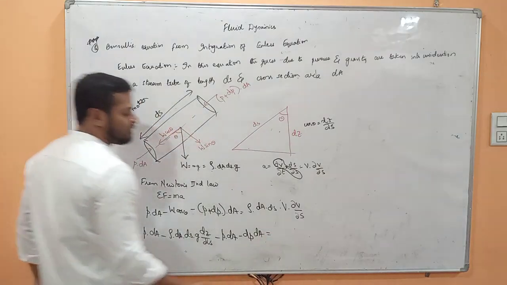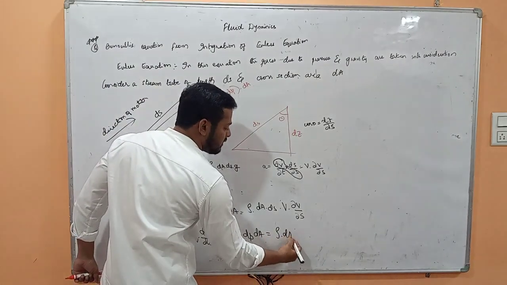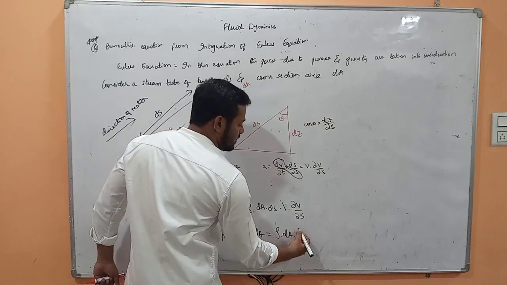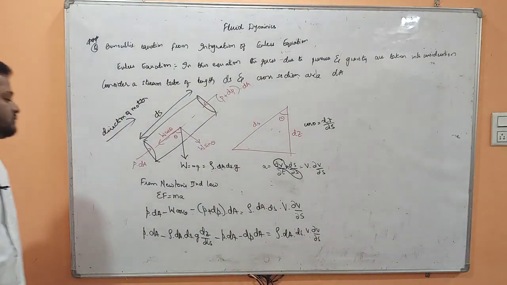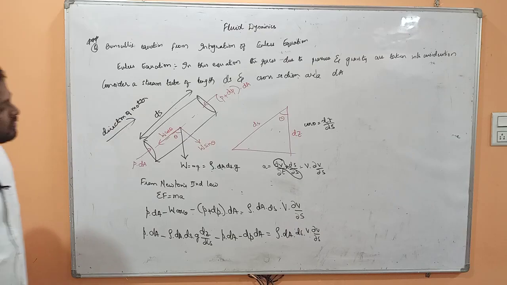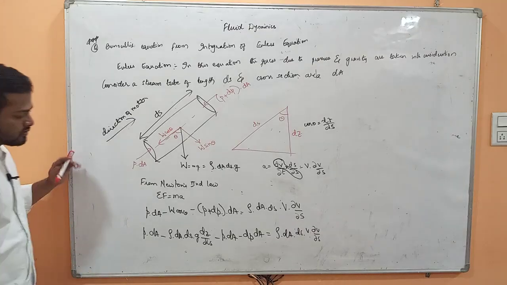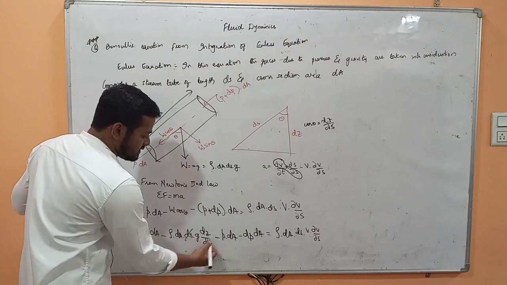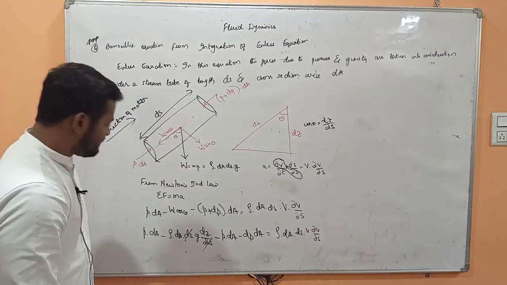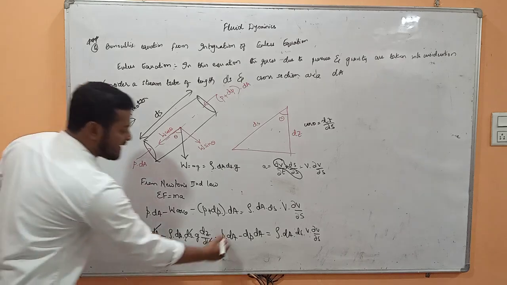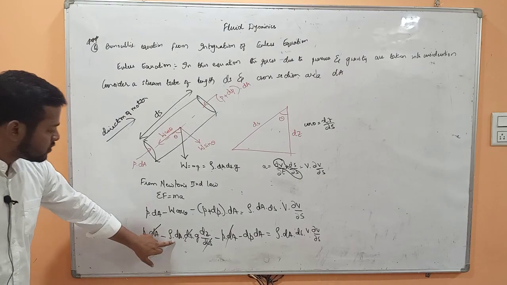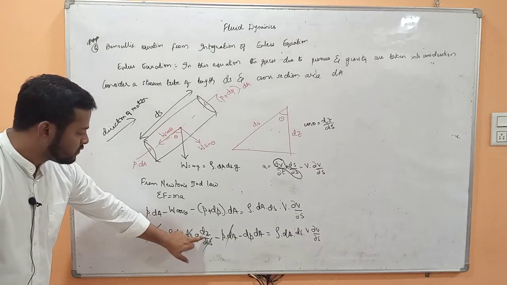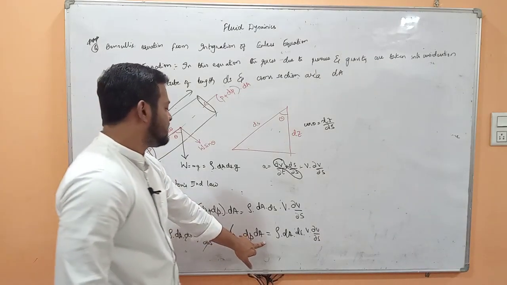On the right side we have rho dA ds into V into ∂V by ∂S. Next, this ds and this ds get cancelled. Similarly here, plus PdA minus PdA gets cancelled. What is remaining? Minus rho dA g into dz is remaining, minus dP dA is remaining.